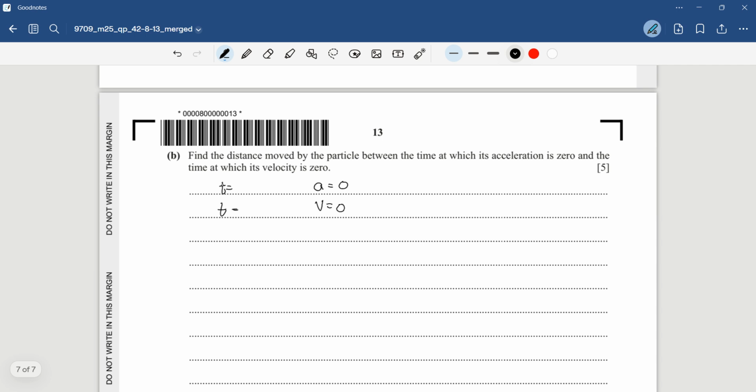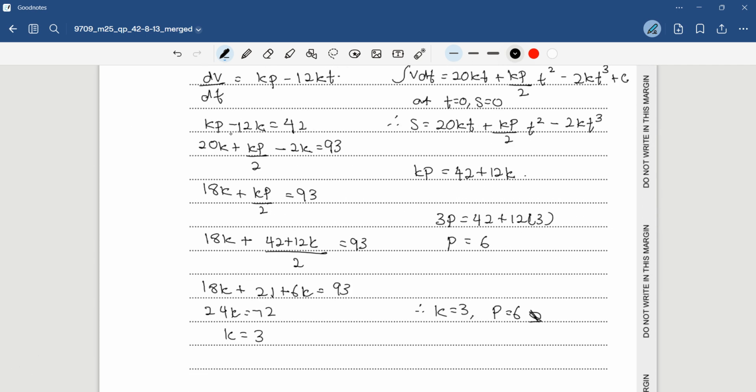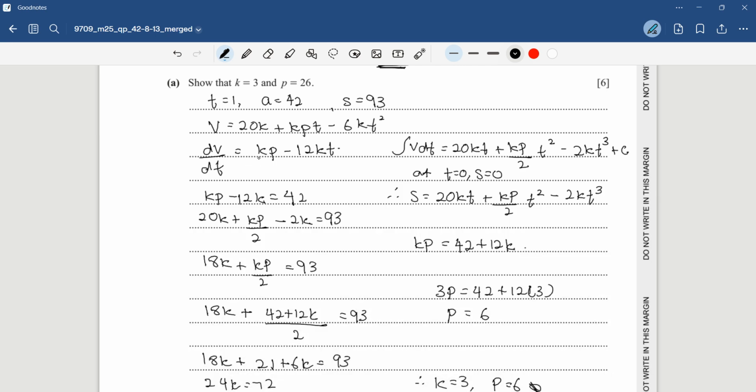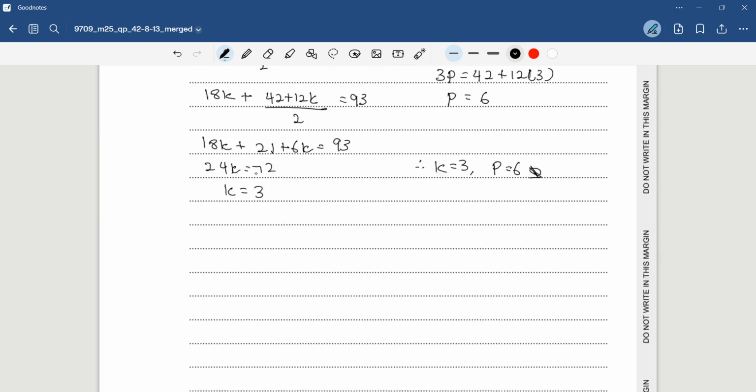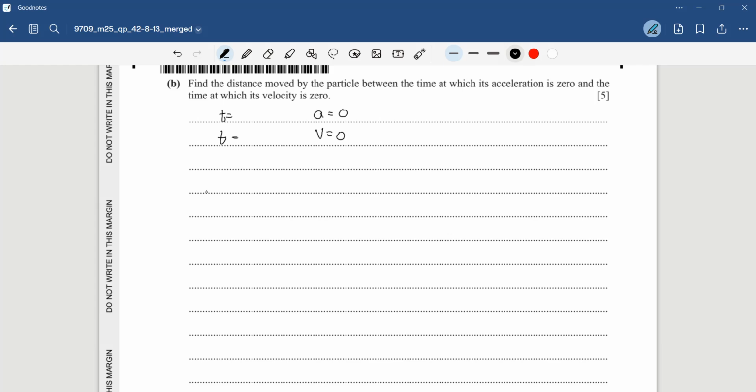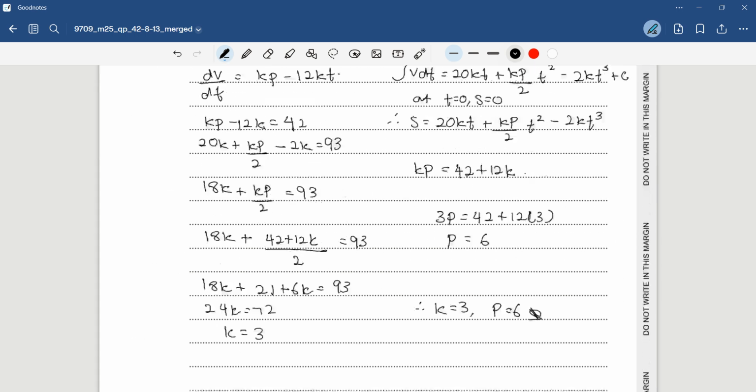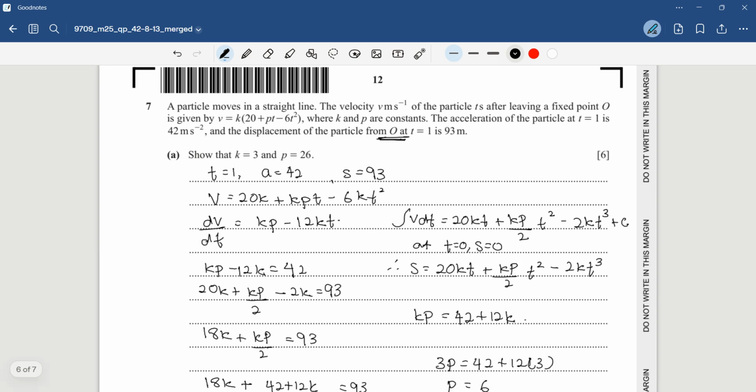First we can use a directly from here: kp minus 12kt. So my a will be kp minus 12kt. Okay, that's correct. Let me check first. Yes.